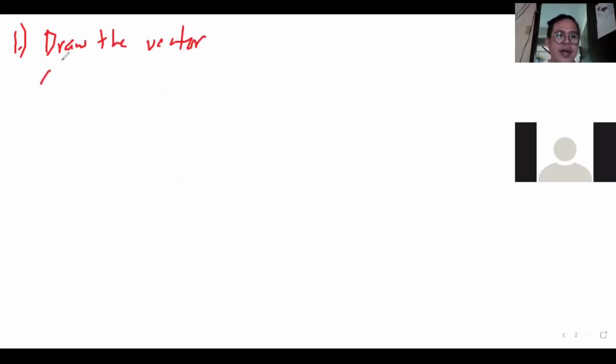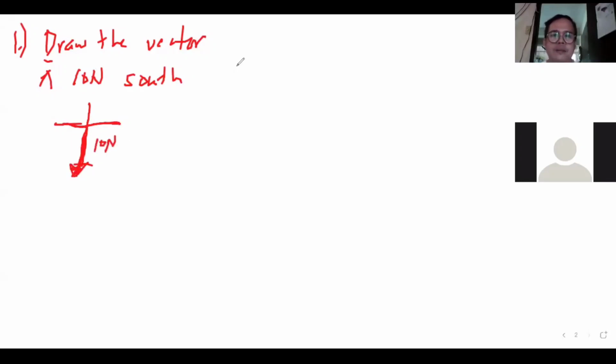Let's have vector A. Vector A is 10 Newton south. We have the Cartesian plane here, and south is right over here. So this is 10 Newton. Let's go to B. B is 20 Newton northeast.